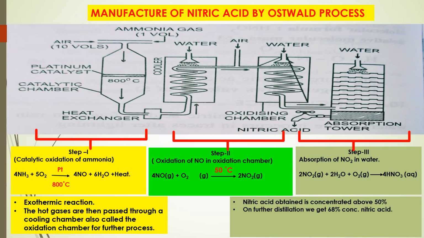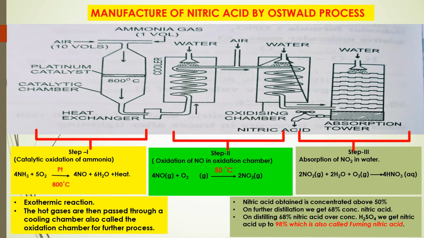Therefore, we cannot increase the concentration of nitric acid above 68% due to the formation of a constant boiling mixture. Now, the concentration of nitric acid can be increased above 68% by distilling 68% nitric acid over concentrated sulfuric acid, and we all know concentrated sulfuric acid acts as a drying agent.